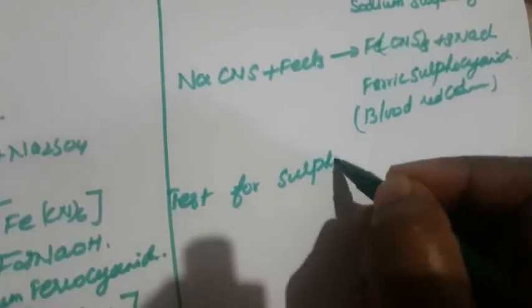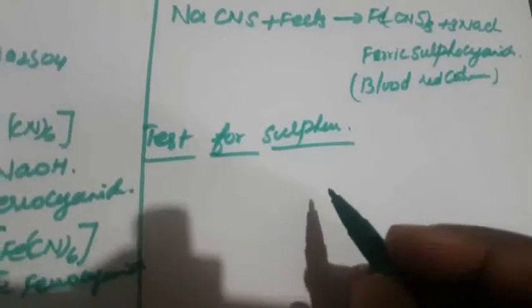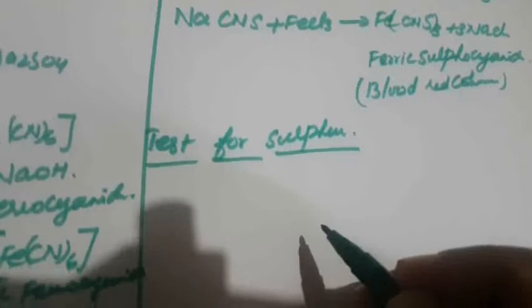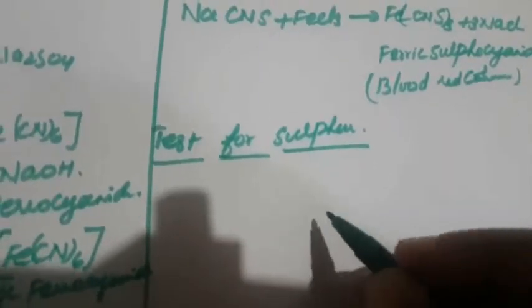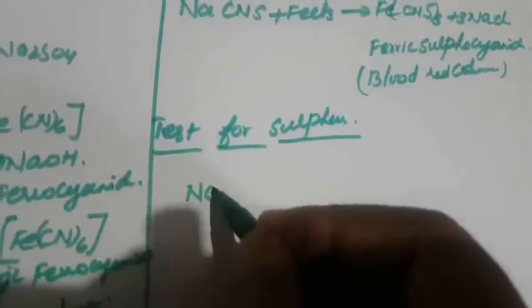Next we are going to see the test for sulfur. What are the tests for sulfur? Now we take the lassaigne extract. Sodium nitroprusside solution will be added. That is sodium sulfide, the sulfur.